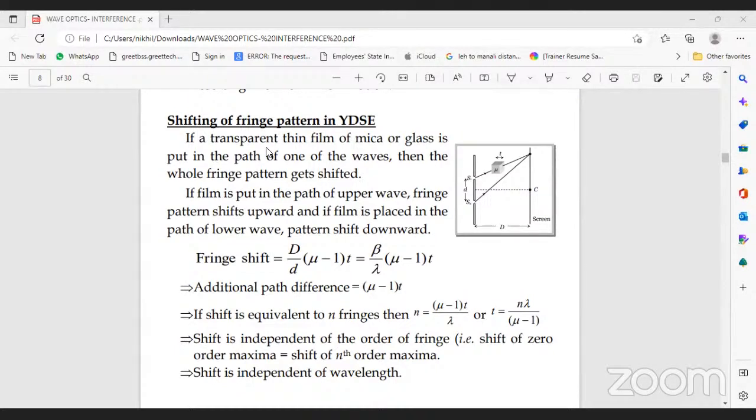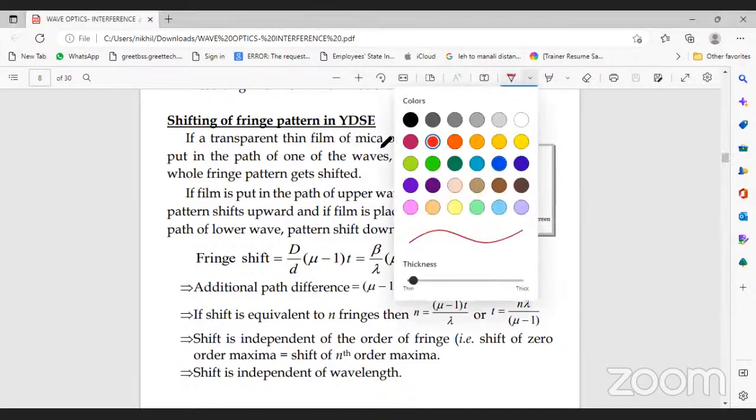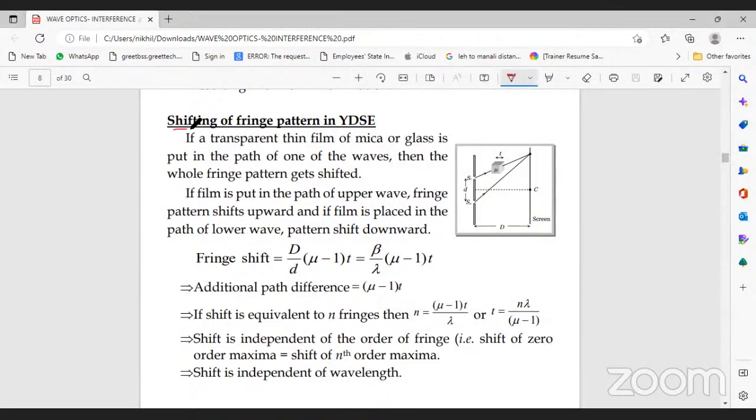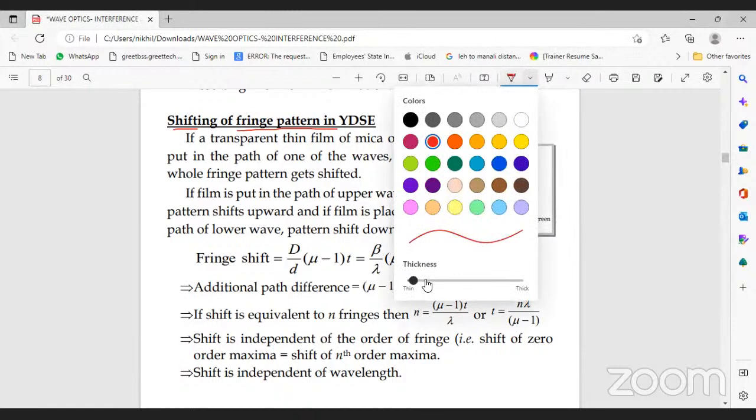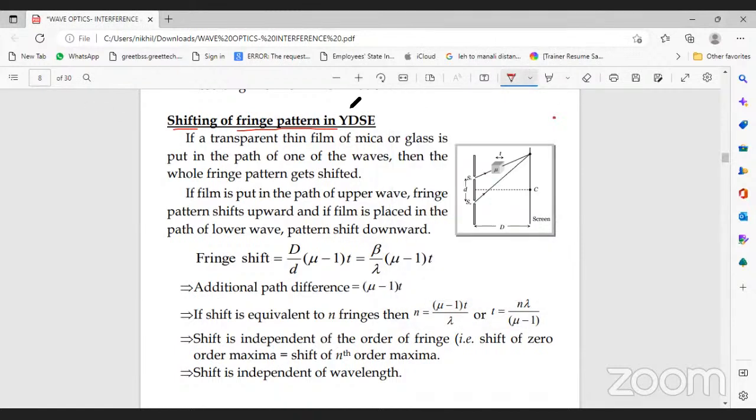So let us learn about the shifting of the fringes in the interference pattern. Why will there be a shifting of the fringe pattern in Young's double slit experiment? Look at this.